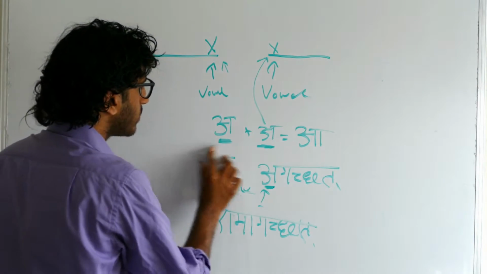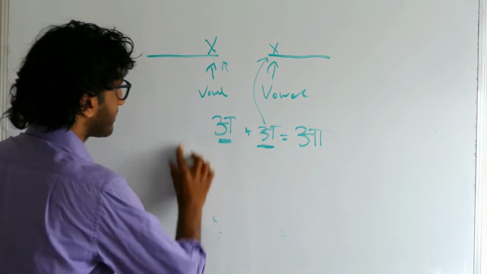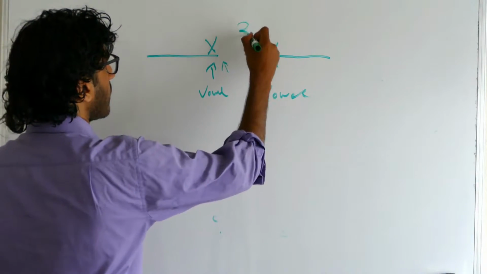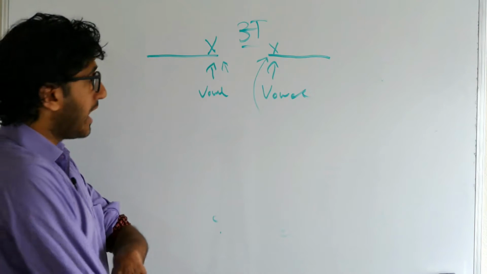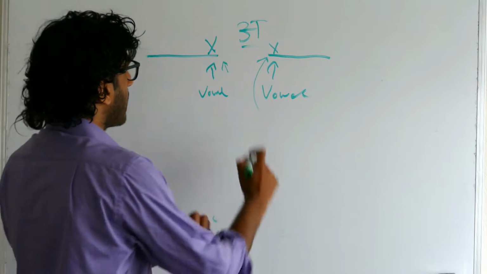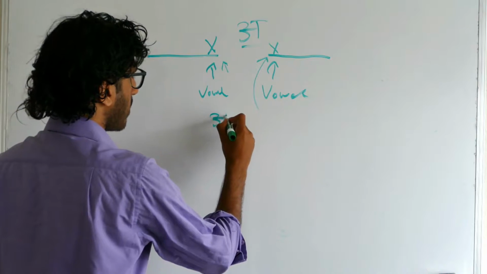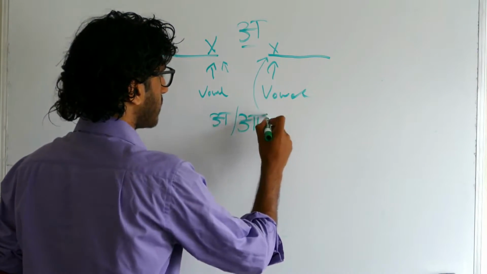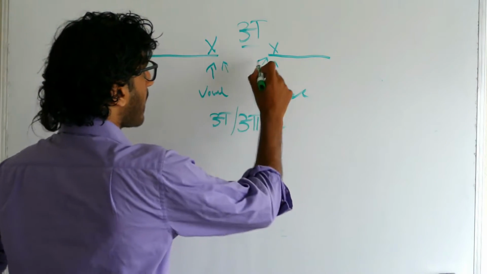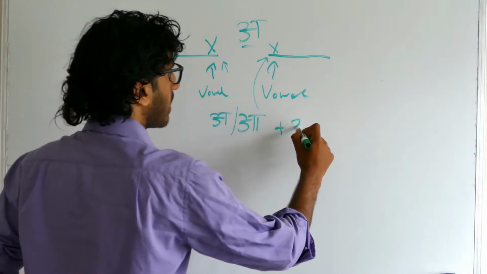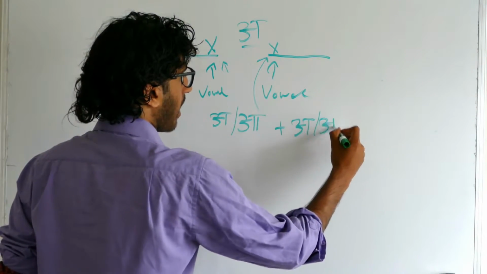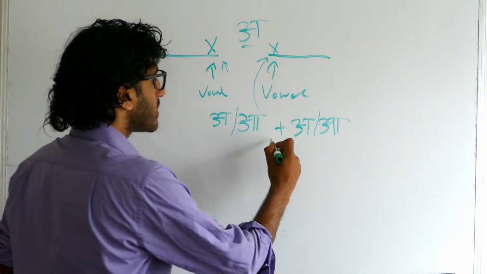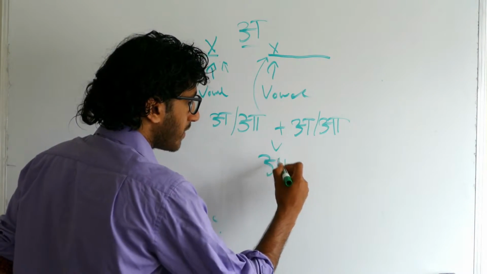So the general rule here is this. Anytime concerning the topic of the vowel, anytime we have an a or an ā at the end of a word, and it combines with the beginning of the next word with an a or an ā, no matter what variation it is, the result will always be the longer form of it.